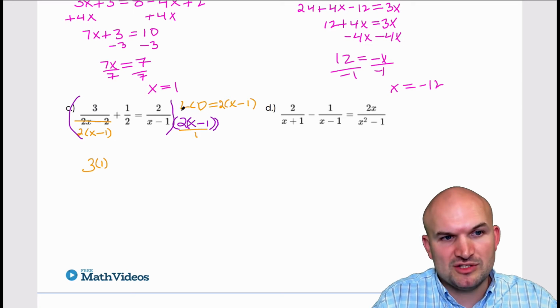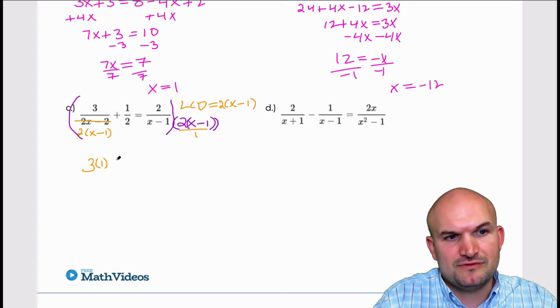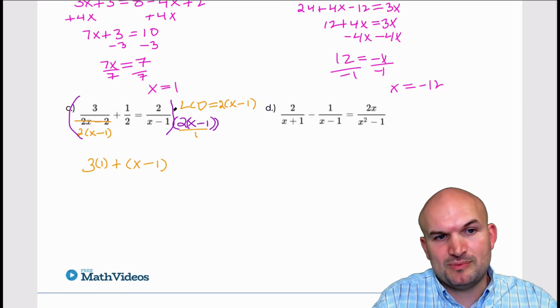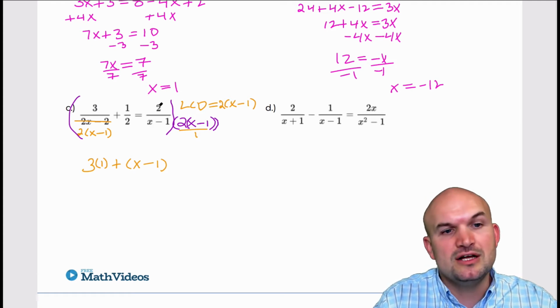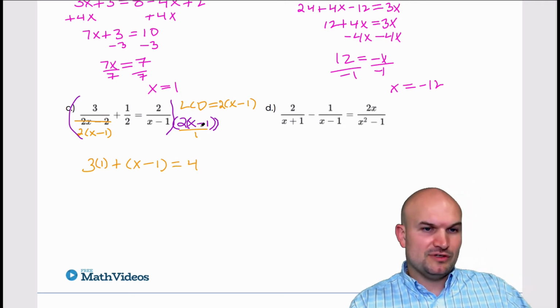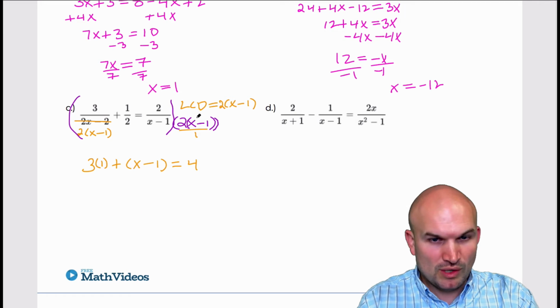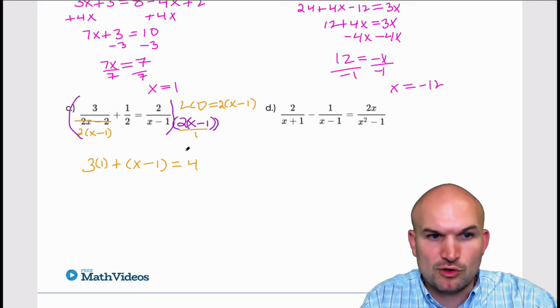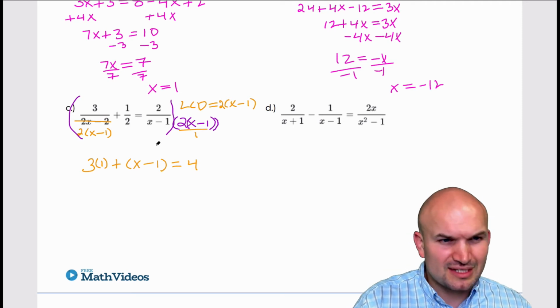Over here, when I multiply it times this term, the 2's divide to 1, so I'm left with just 1 times x minus 1. And then over here, when I multiply that times this term, the x minus 1's divide out, so I'm left with 2 times 2, which is equal to 4. I know it might be a little confusing here because this is written down lower, so hopefully in my other examples we'll see it better, but I didn't want to rewrite this broken out for each and every one because it takes a little time.